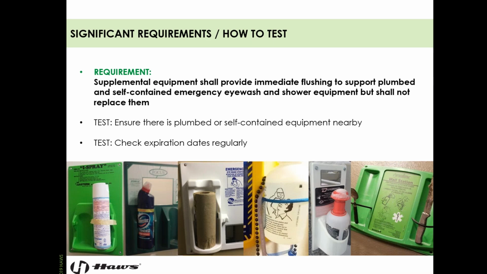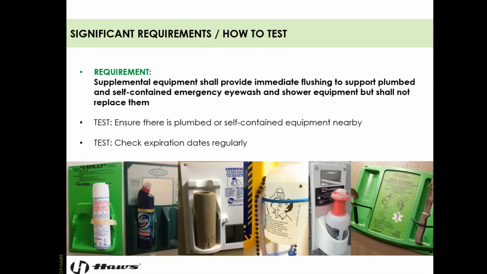Squeeze bottles cannot provide 15 minutes of flushing fluid. It's not possible, right? You have this little handheld device, and you're lucky if you get a minute out of them. But they are designed to be used immediately upon exposure to something, so you can use it on your way to primary plumbed equipment to get proper first aid.